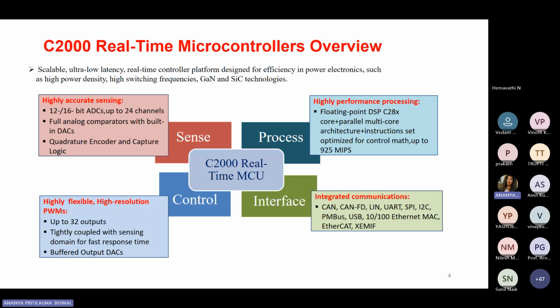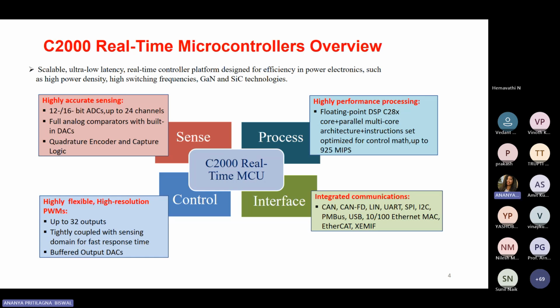It has 12 and 16-bit ADCs up to 24 channels, fast analog comparators with built-in DACs, quadrature encoders, and capture logic. For control, it's highly flexible with high resolution. Up to 32 outputs we can see, tightly coupled with the sensing domain and fast response time. Buffered output DACs are also present.